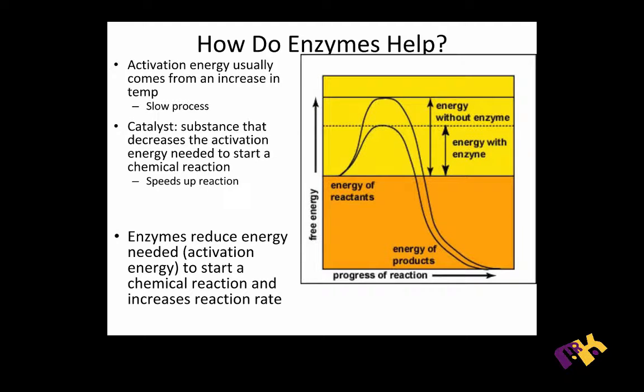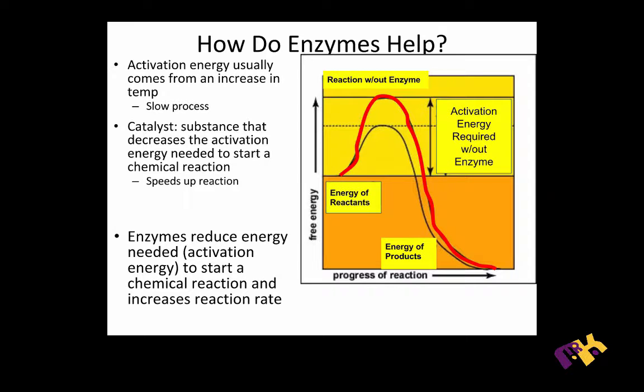So if we're given a graphic like this, we're looking at how an enzyme changes the activation energy of the system. I highlighted the first, higher plot, and we can make note of several things. One, the energy of the reactants at the beginning will be at a certain level.